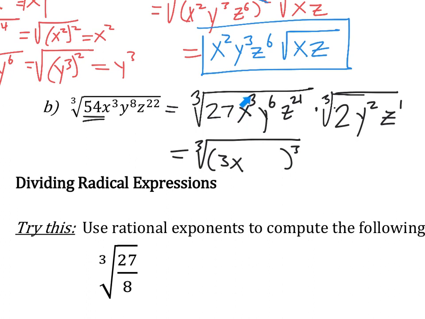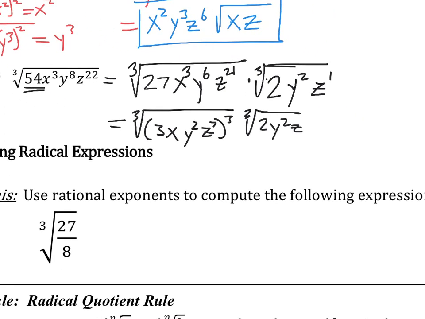X to the 3rd power is x cubed. Now we've got a y we need in here. And so y to the 2nd power, y to the 2nd cubed. When we're doing a power to a power, we multiply. And then z, 21 divided by 3 is 7. Z to the 7th cubed is z to the 21st. So this is equal to this. And then I'm going to copy down these leftovers, 2y squared z.